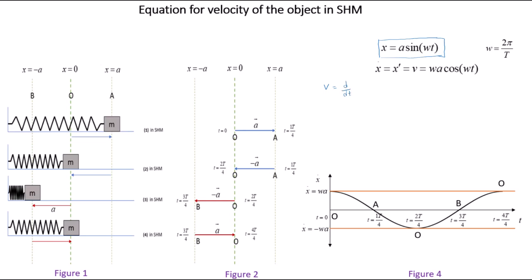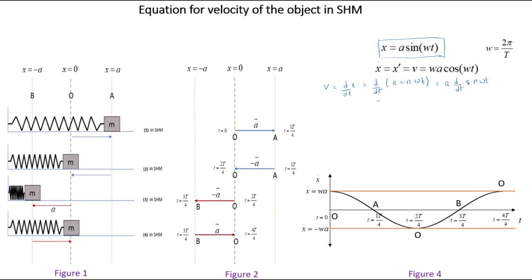So it is d by dt of x, which means it will be d by dt of this function A sine omega t. Omega is a constant given by 2 pi over T, and A is also a constant, the amplitude, so I can take A out. So A times d by dt of sine omega t.